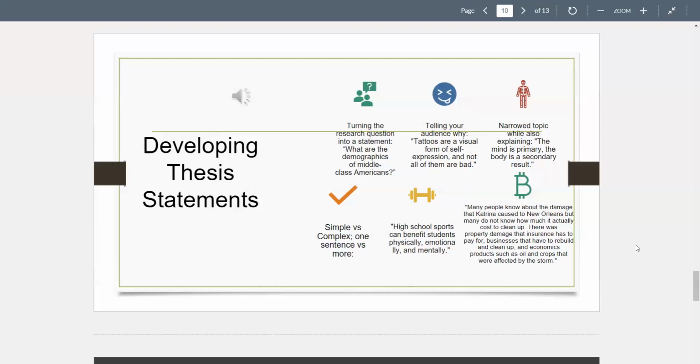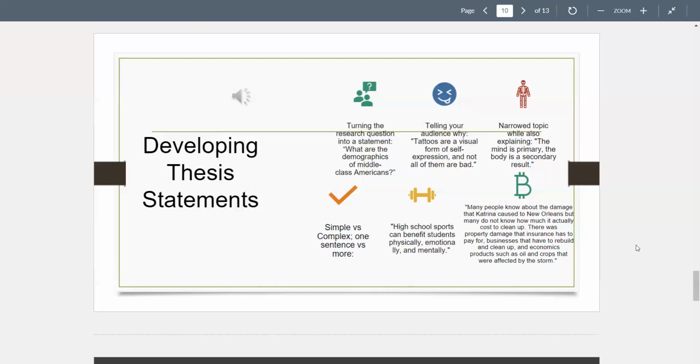So if I start with a thesis statement and I start writing and I end up not writing exactly what the thesis statement is, then I can change the thesis statement to match what my writing is instead of rewriting the whole thing to match the thesis statement. But in the end, a thesis statement will help guide us as we're writing, as well as be a roadmap in the final version for our readers.